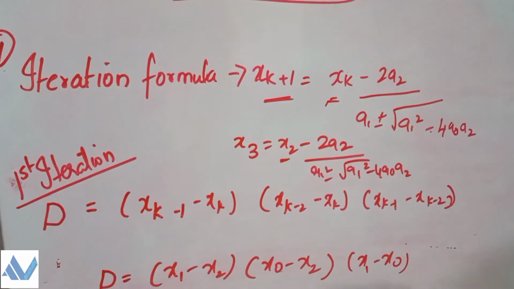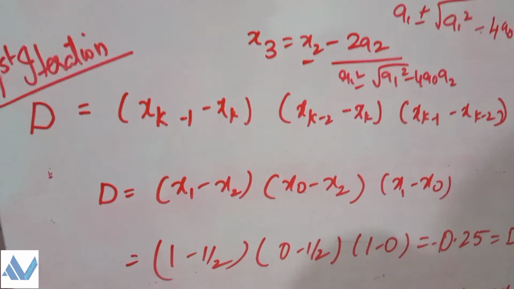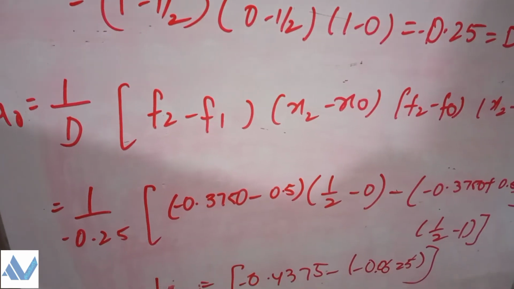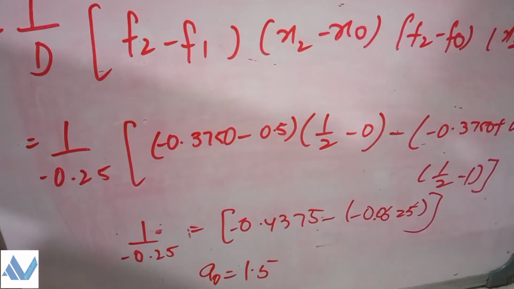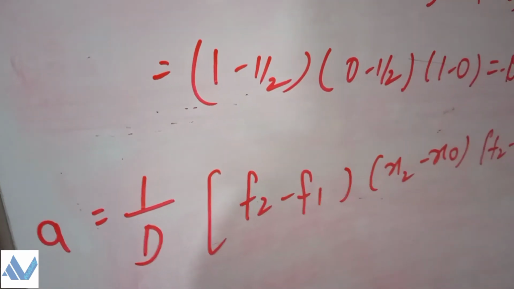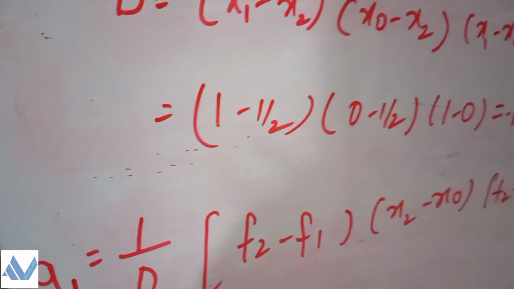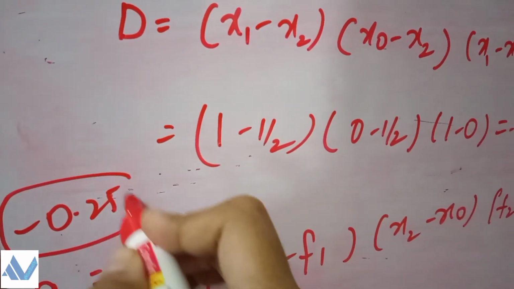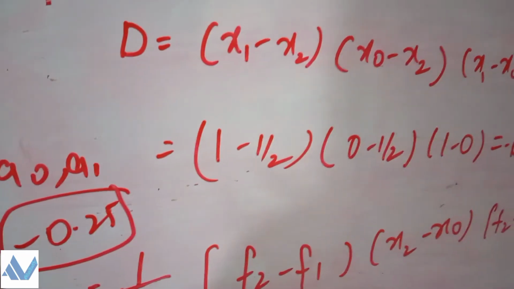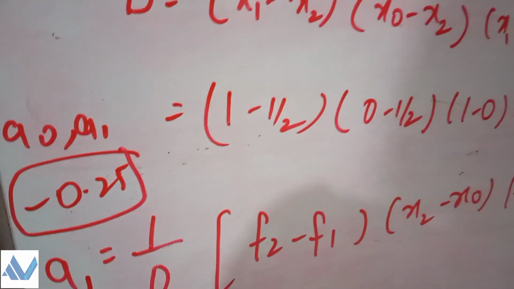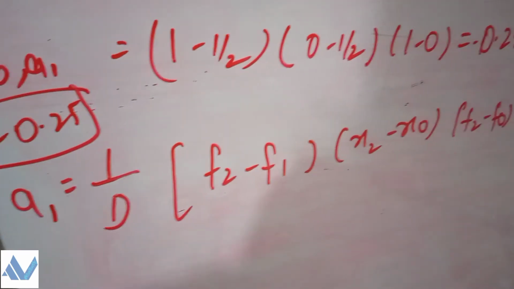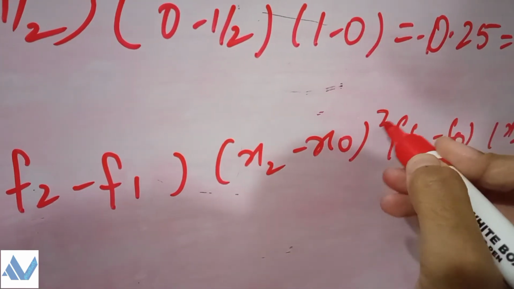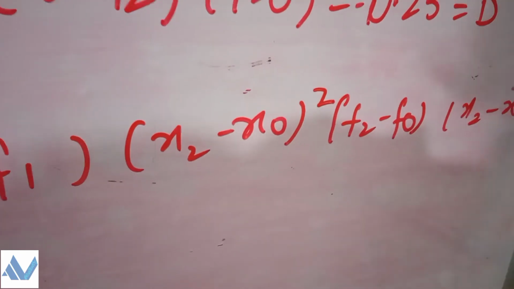So all this is the first iteration. In the first iteration we have found the a0 value. Now we find the a1 value. For a1, the 1 by d value remains the same, that is minus 0.25. The only change when you find a1 is that f2 minus f1 remains the same, x2 minus x0 and the second part becomes whole square.